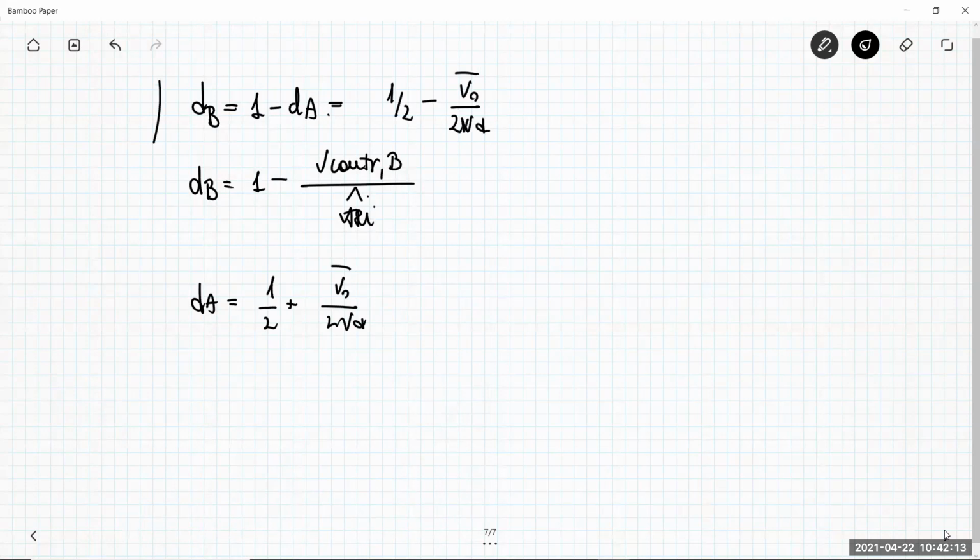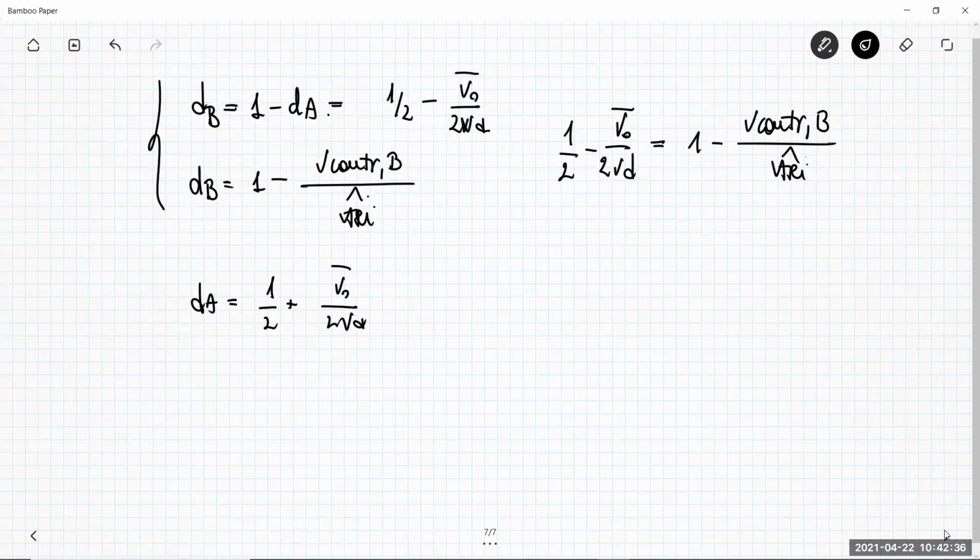If you consider these two expressions, it comes out that one half minus V naught over 2Vd is the same as 1 minus V control B over V triangular peak.